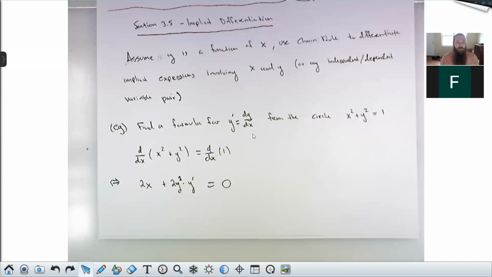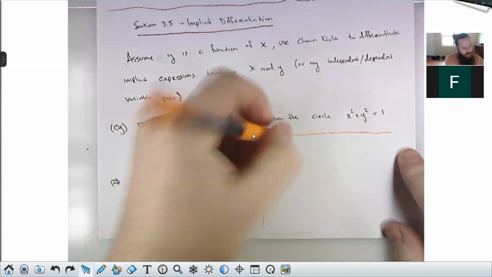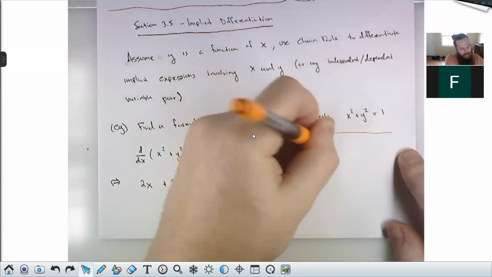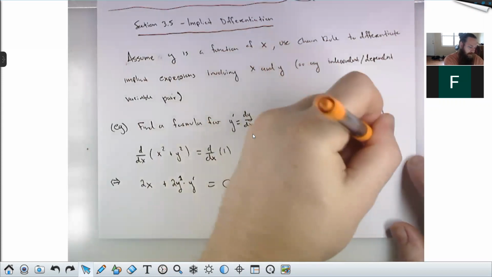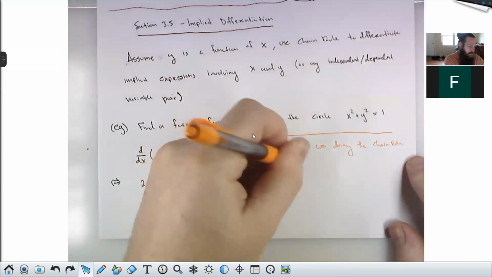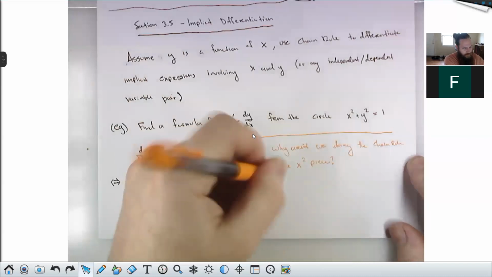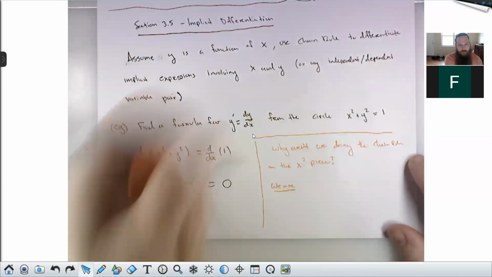So Mackenzie asks a really good question. Why aren't we using the chain rule on the x piece? So let me dive into this a little bit. This is a good question. The answer is we are, or we don't need to, however you want to say it.